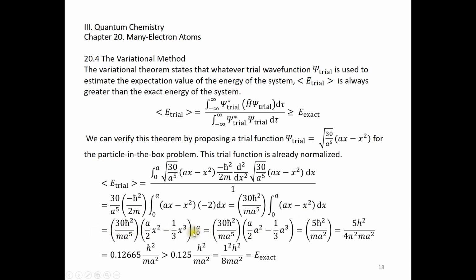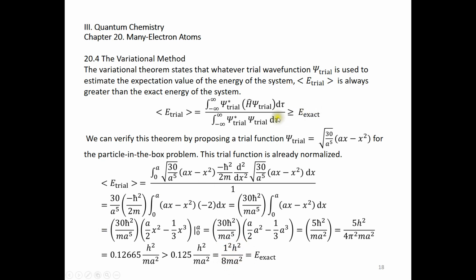We plug in the lower limit and upper limit. We get something here, and then we clean it up. We get this value. This value is h squared over ma squared multiplied by a number, 5 over 4 pi squared. And 5 over 4 pi squared is 0.12665. Well, it's greater than 0.125, and 0.125 is 1 over 8, which happens to be the exact energy of the particle when its quantum number is 1.